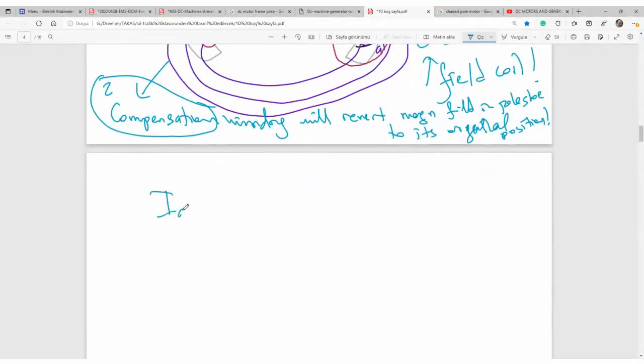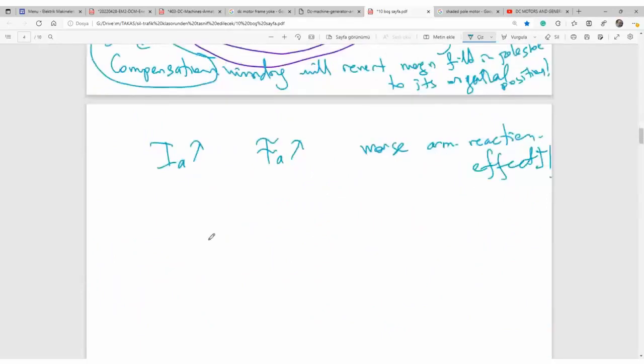If there is high armature current, there is high armature MMF and worse armature reaction effects. Houston, we've got a problem. So, the precautions with interpoles and compensation winding must be adaptive.